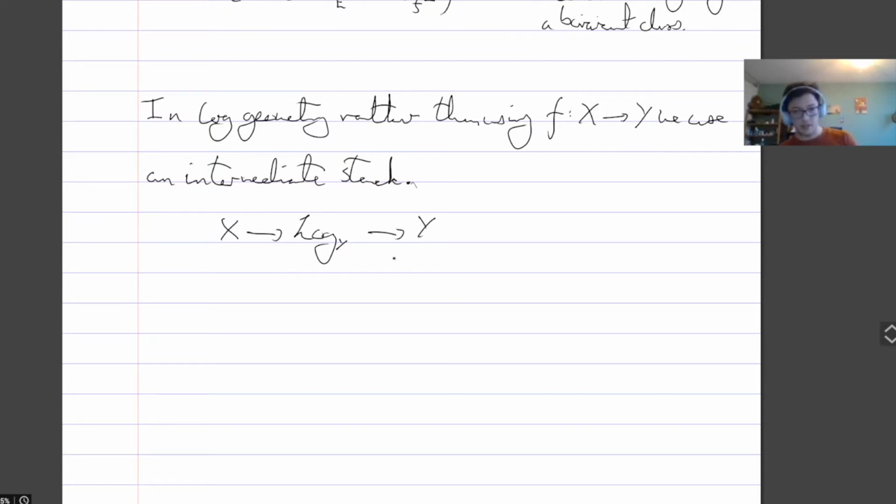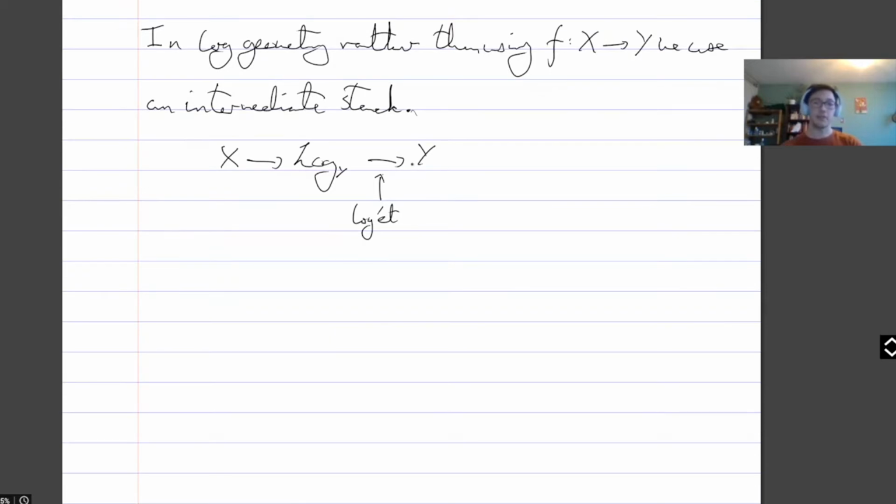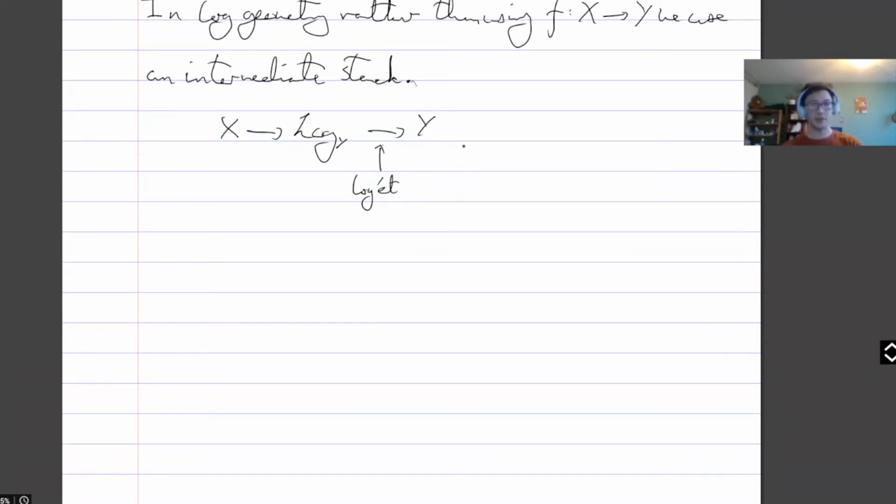But there's one thing which is interesting. So this map, log Y to Y, is log smooth. So that in some sense, that's what's responsible for this birationality, in the sense that if you don't know about log structures in either case, this actually will just be a birational map.